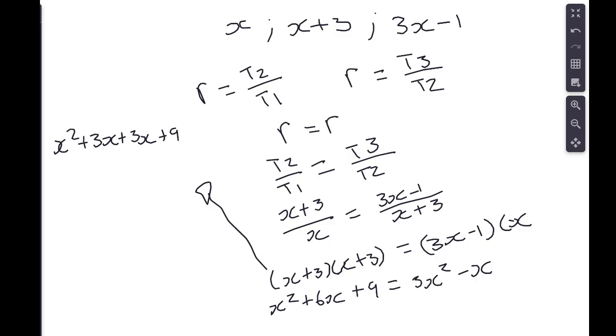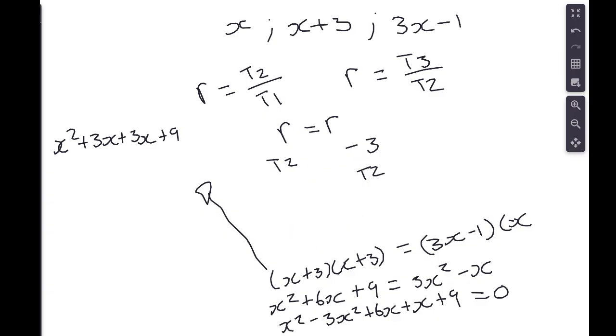Okay, so x squared minus 3x squared plus 6x plus x plus 9 is equal to 0. Let us erase this here so we can create some room for ourselves.